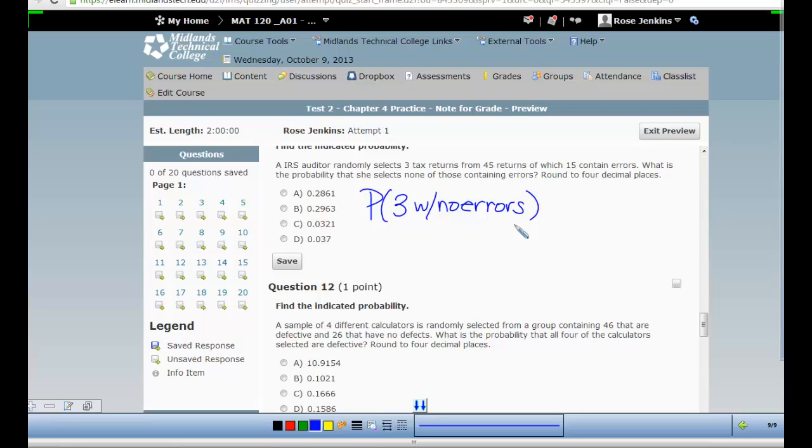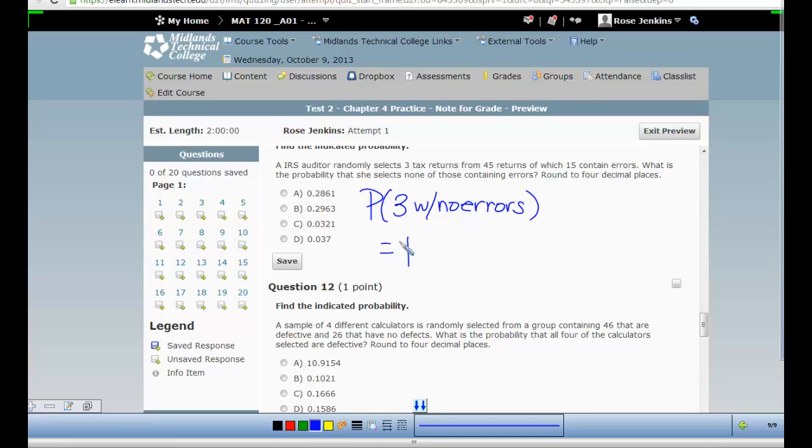And that says multiplication rule. We're going to ask ourselves, are these events dependent or independent? And we say dependent because she's selecting 3 and we have no indication that they're replaced. If it's selection without replacement, that makes the events dependent.